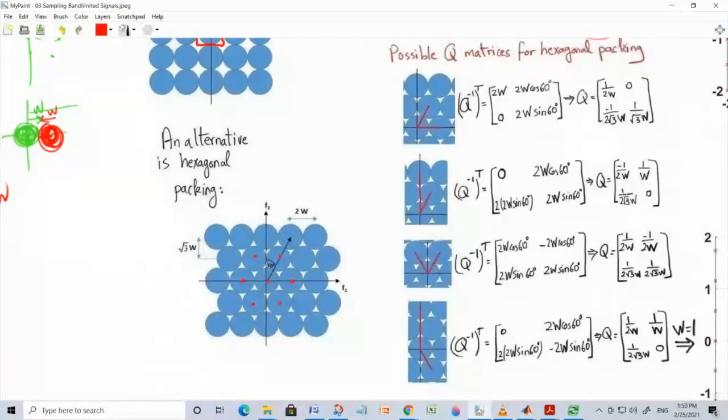So that's hexagonal sampling or hexagonal packing. By doing this you avoid overlap. Basically, if your objective is to avoid overlap, you can do it in a number of ways, and this is one way of avoiding overlap.